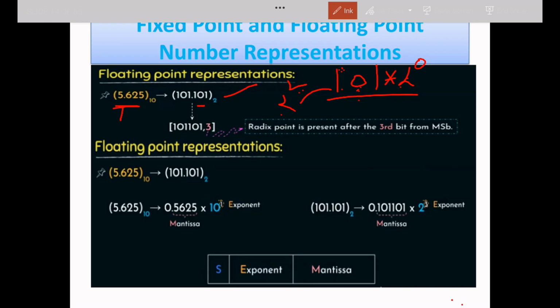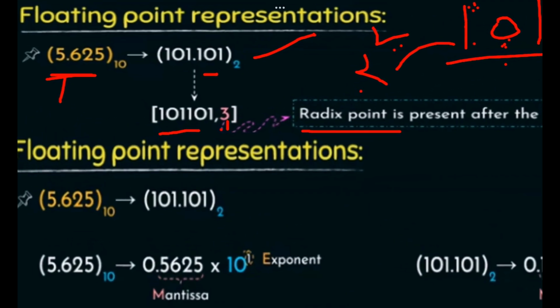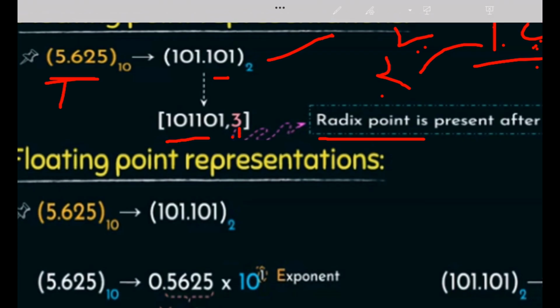So now in this number, this 3 is representing the radix point, meaning the decimal point is present after the first MSB, at the third place. If you are not able to understand, I will show.